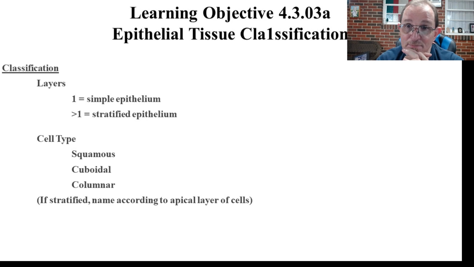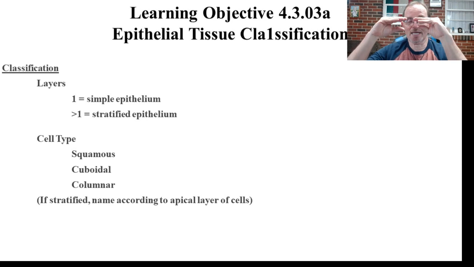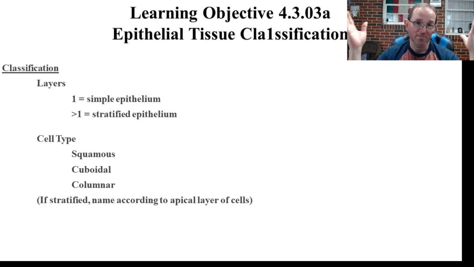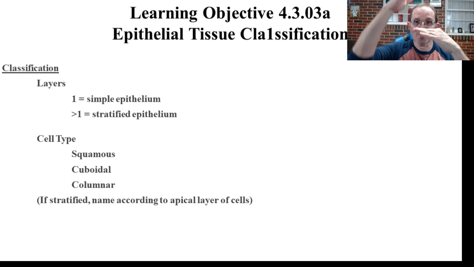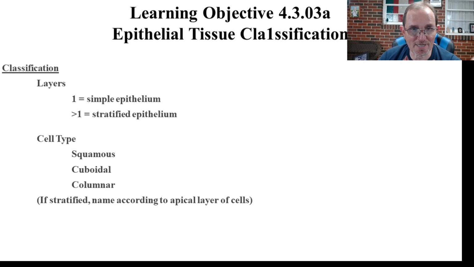The next thing we classify them by is the shape of the cell. Is it flattened like a narrow rectangle? It's squamous. Is it kind of cuboidal like a square? It's cuboidal. Is it like a long rectangle? It's columnar. And then we add the stratified or the simple to that, depending.